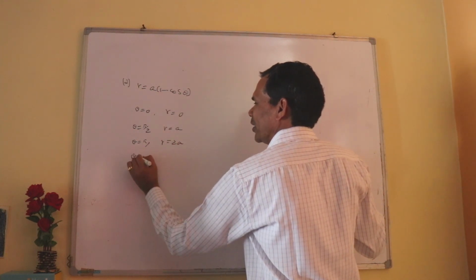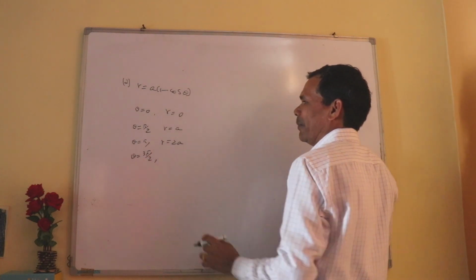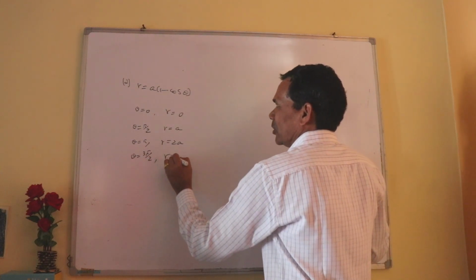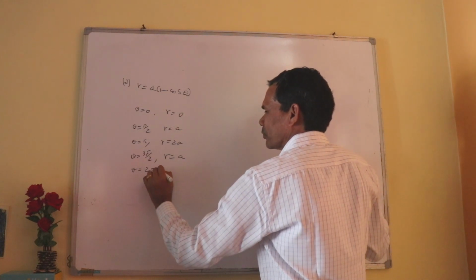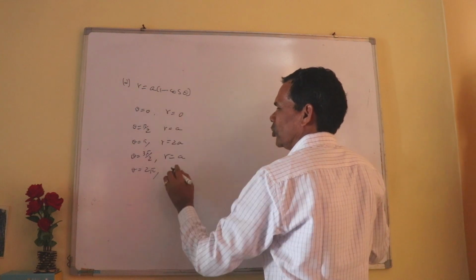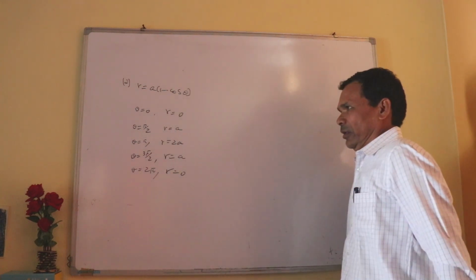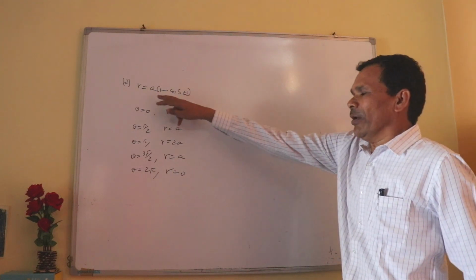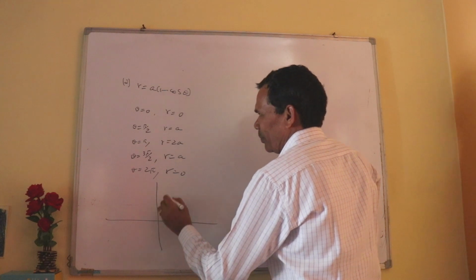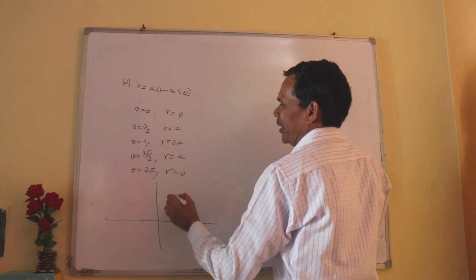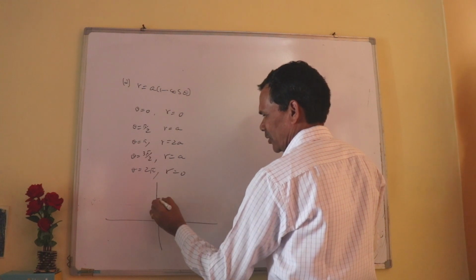Theta is equal to 3 pi by 2, r is equal to a, and theta is equal to 2 pi, r is equal to 0, because cos 2 pi is 1, 1 minus 1 is 0. So the shape of this particular curve would be something like this. You can look at the point 0, 0, theta is equal to 0, this is the first point, this is the second point.